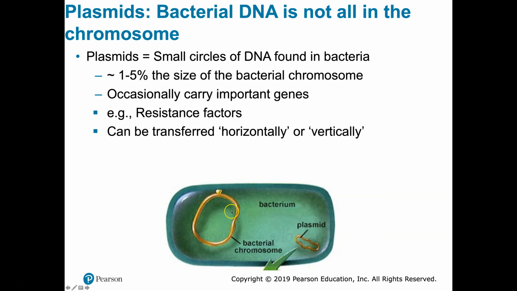So one cell would have the chromosome and the plasmid, the other cell would also have the chromosome and the plasmid. So they can be transferred that way, vertically. Horizontally, they can also be transferred between cells of the same generation.